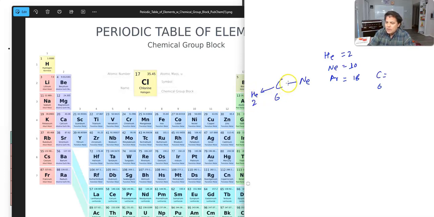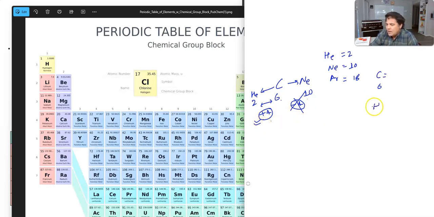So what could be the charge then? It's difficult, right? 6 minus 2 is equal to +4, and 6 minus 10 is equal to -4. Which one will you choose? It is +4 or -4. Can carbon be -4? No. Carbon is more positive, so it will be plus. If you have to select between plus and minus, it is plus.